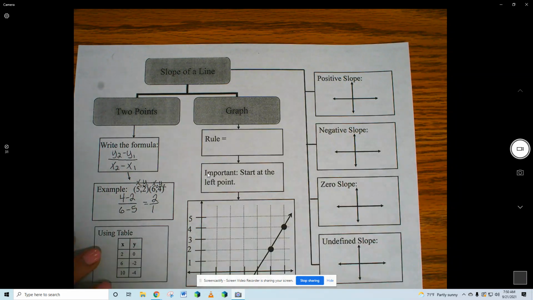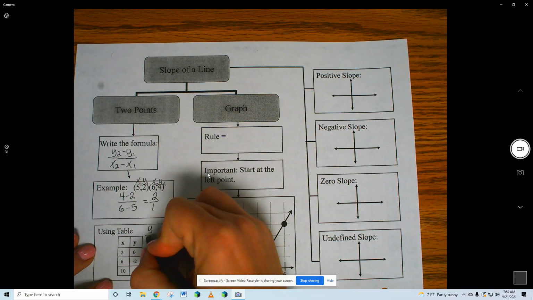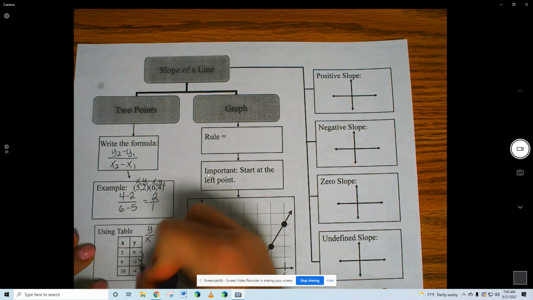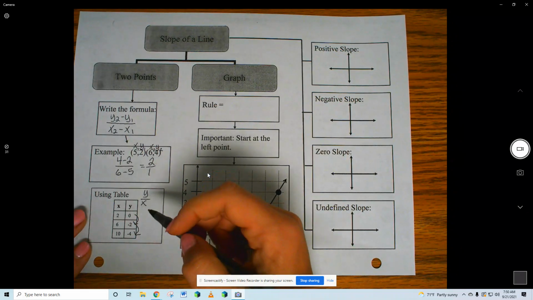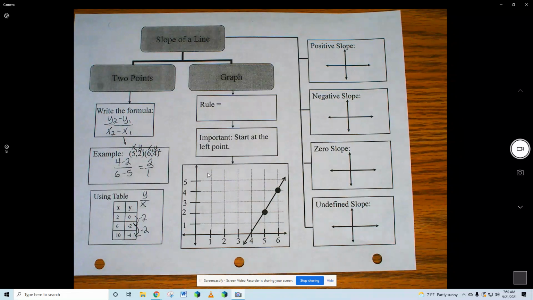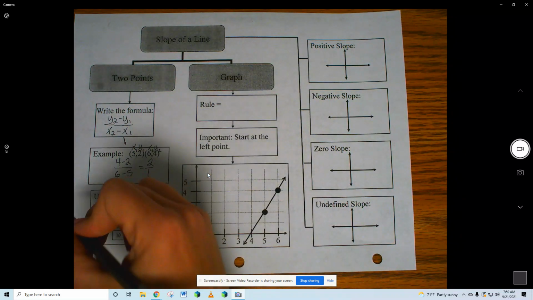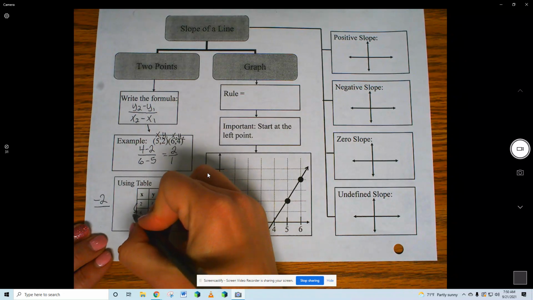Using a table is going to be, how do the y's change? 0 becomes -2. -2 becomes -4. Subtracting 2, right? -2 over, how do my x's change? 2 becomes 6. 6 becomes 10.